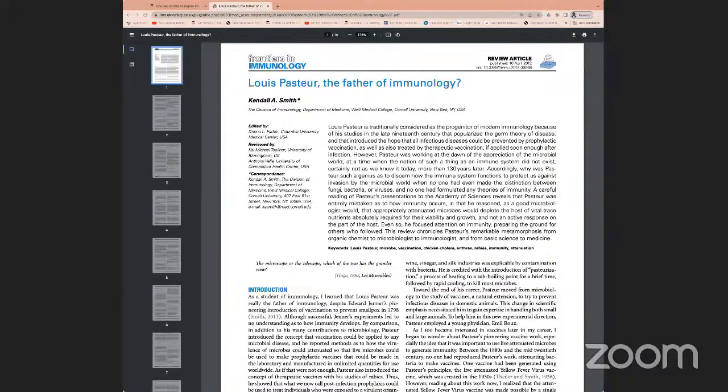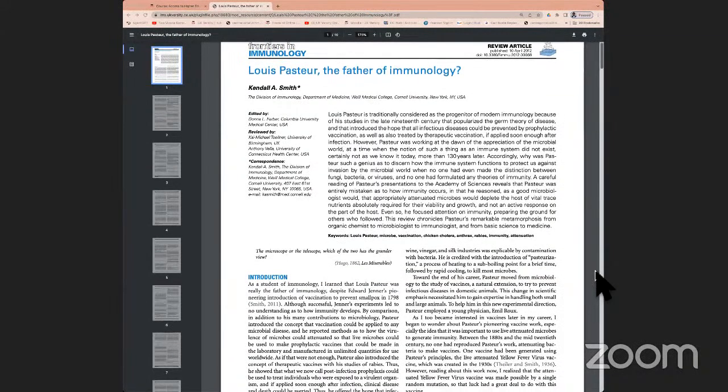Now, when we look at immunology, obviously it originated from the germ theory. So when we look at Robert Koch's and Louis Pasteur's work in terms of germ theory, what we see is that he came up with the idea that the human body can be infected by microorganisms, and these microorganisms are basically called pathogens, because they live on somebody else's body, which is the body of the host.